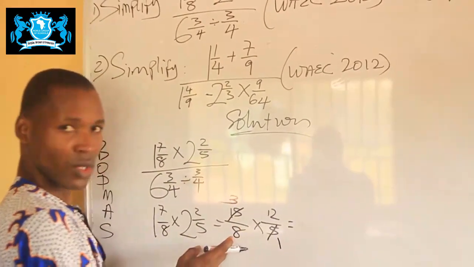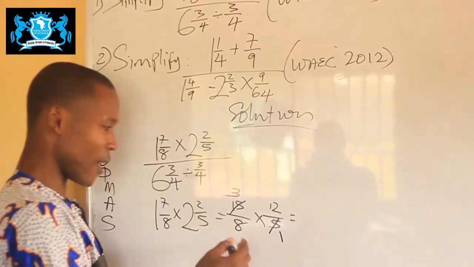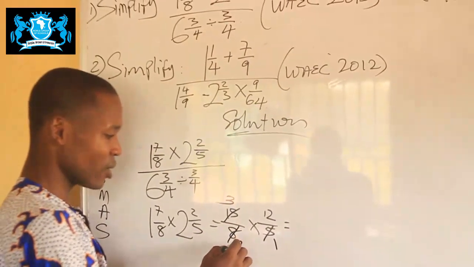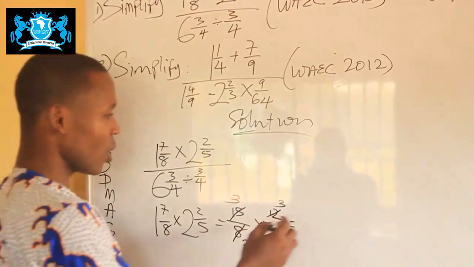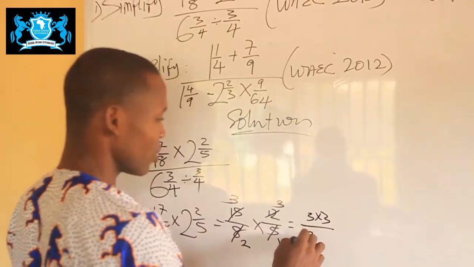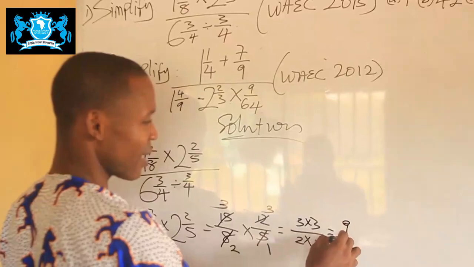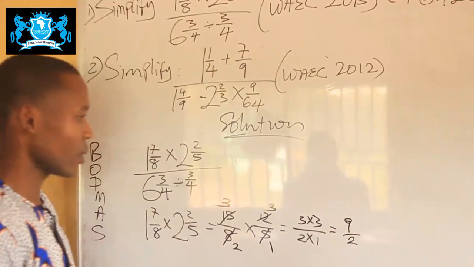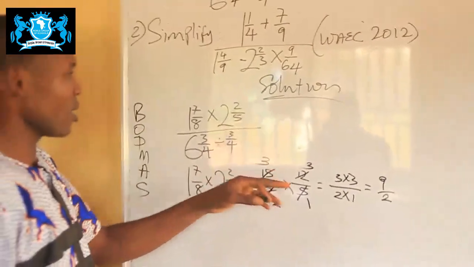Something can divide 8 and 12. 4 can go. 4 into 8 is 2, 4 into 12 is 3. So we will now have 3 multiply 3 all over 2 multiply 1, which is 9/2. So after solving the upper part of the first question, we got 9/2.